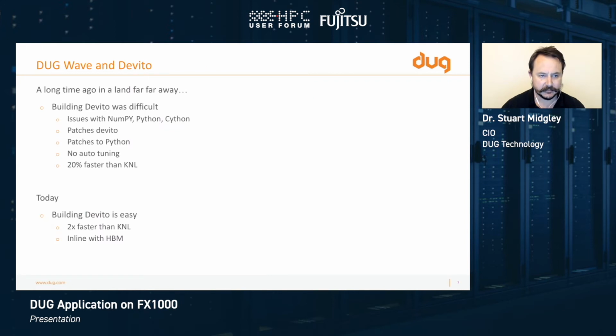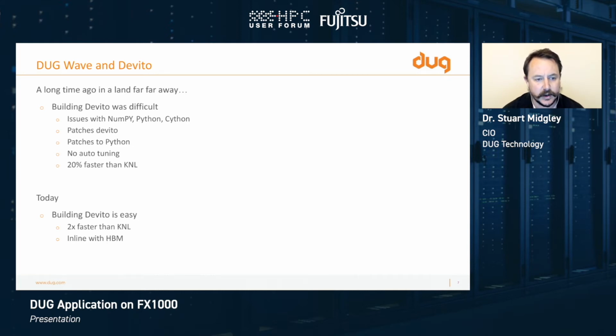So let's talk about this high frequency full waveform inversion. It's called Doug Wave. It's based on Devito. Many months ago, I ported this code to the Fujitsu A64FX CPU, and it wasn't that easy. We had mostly issues with Python. The environment was difficult. We had to patch Devito, we had to patch Python.